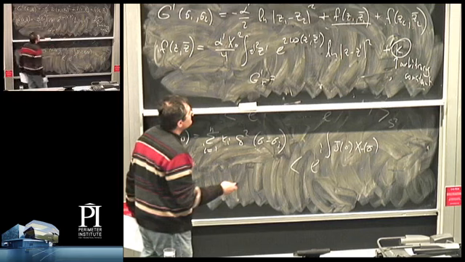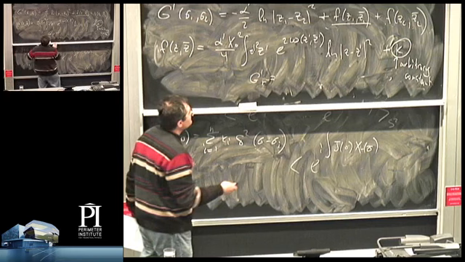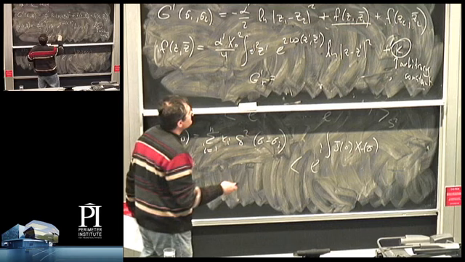First of all, it's at the same point. In order to get rid of the infinities, I have to subtract alpha prime over 2 log of the invariant distance between the two points squared. And this invariant distance will involve the Weyl factor, right?